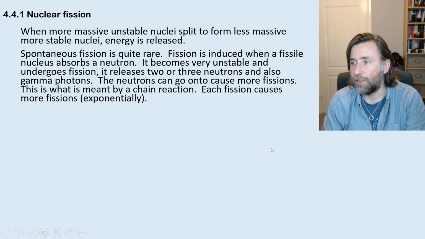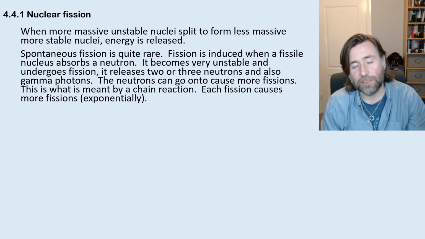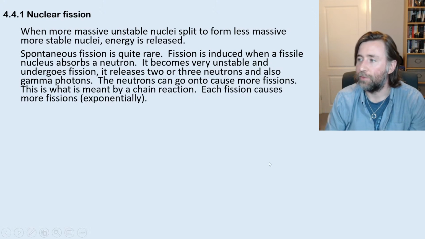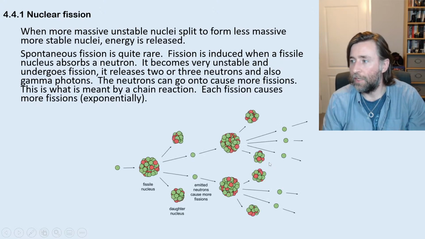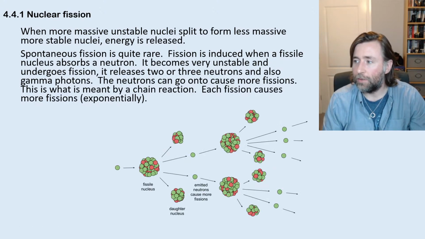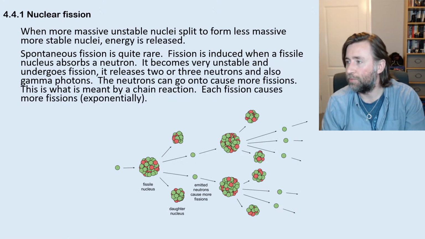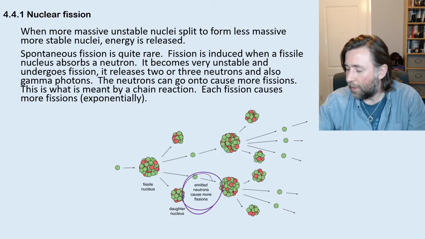All right, fission and fusion then, just to finish this off. So fission is basically when a more massive, unstable nucleus decays to become a less massive, more stable nucleus, and energy is released. So this is a large nucleus decaying, splitting to become a pair of smaller nuclei. Now, importantly, neutrons are emitted, and they go on to cause more fissions.